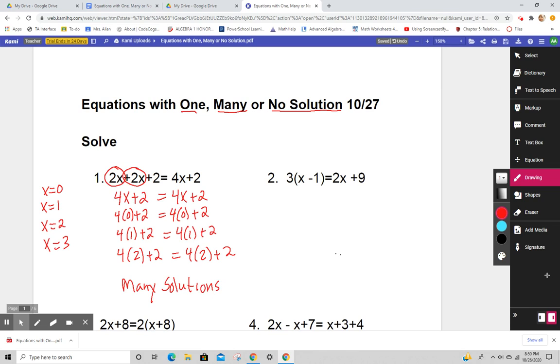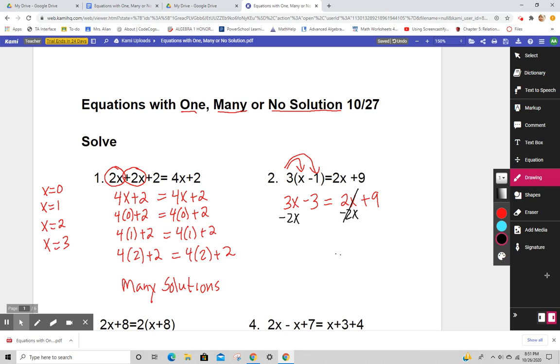Okay, let's try the next one. Let's solve it first. 3 times x is 3x, and 3 times minus 1 is minus 3, equals 2x plus 9. Let's get all of our x's on the same side, and let's subtract 2x from both sides.